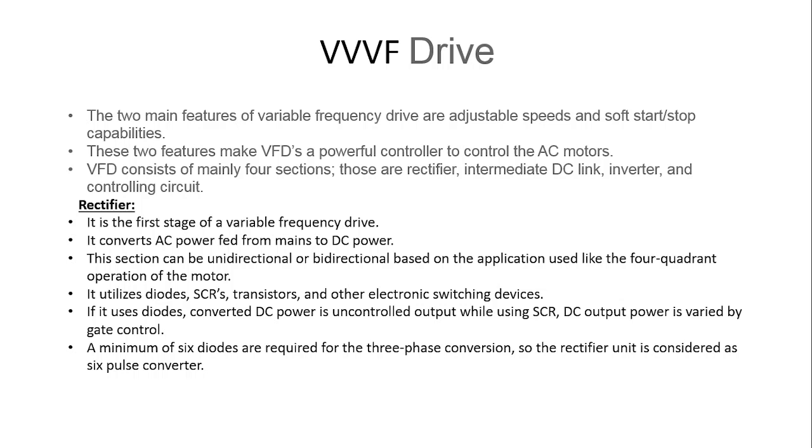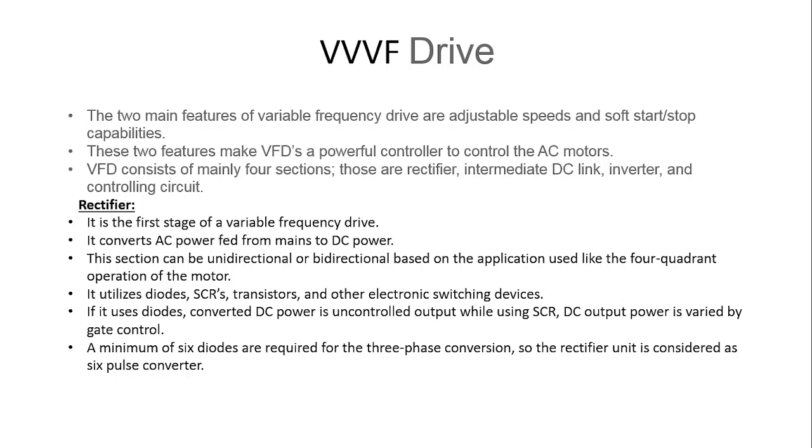As we have discussed, the rectifier unit consists of a minimum of 6 diodes for a 3-phase conversion. The rectifier is also called a 6-pulse converter, and the switches can be either diode, transistor or SCR.